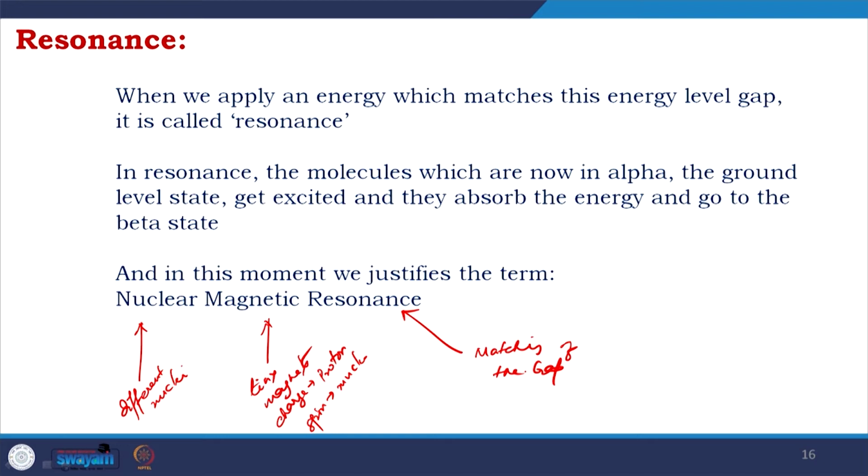So, these different nuclei, tiny magnets with charge and spin, matching the gap, develop the technique called nuclear magnetic resonance.